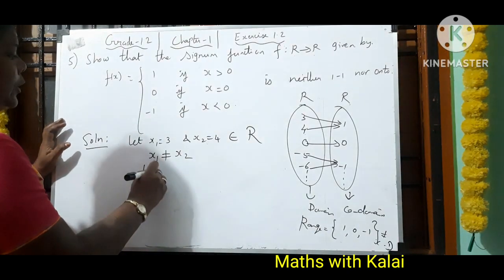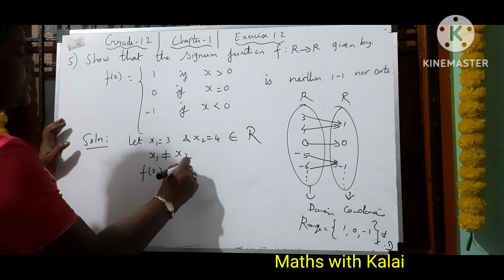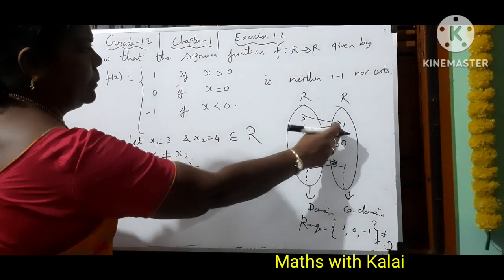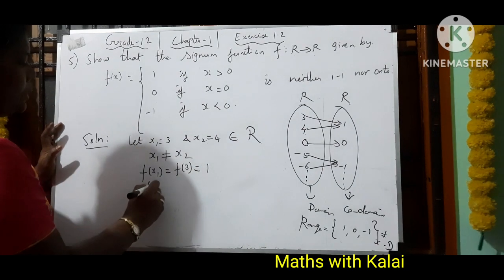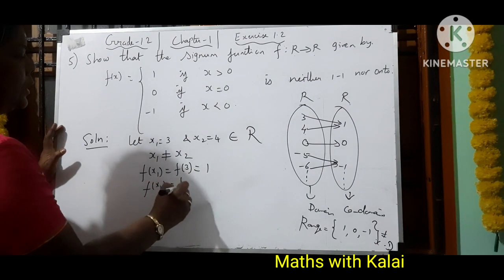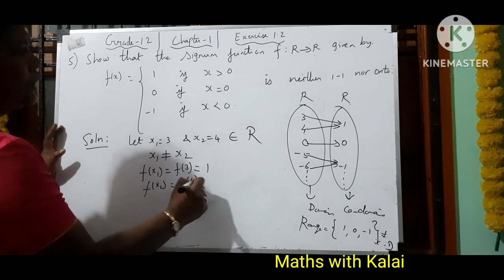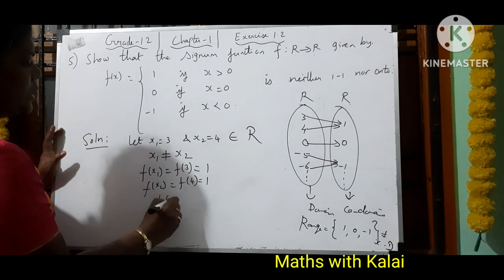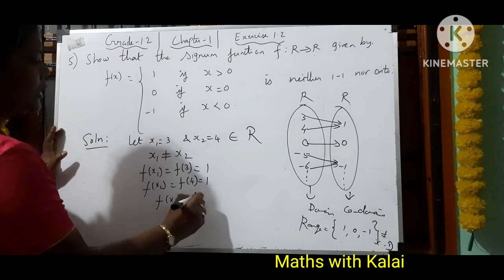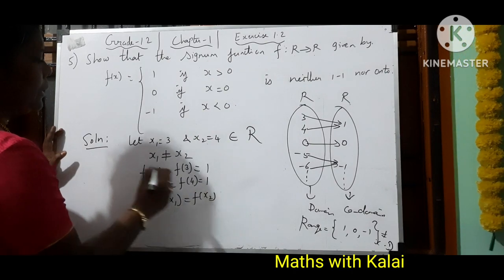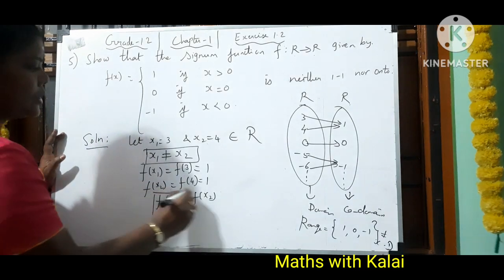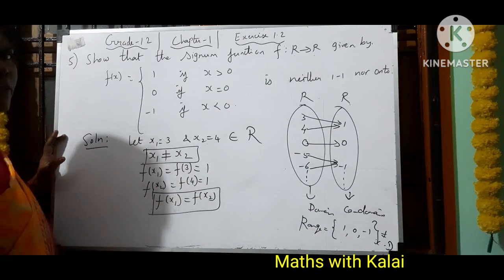But if you consider your f of x1, it is f of 3. For f of 3, what is the mapping we have? It is 1. And similarly, f of x2, if I consider, it is equal to f of 4. F of 4 value is equal to 1. That means we are getting f of x1 equal to f of x2. But our initial assumption is x1 is not equal to x2, and f of x1 is equal to f of x2.